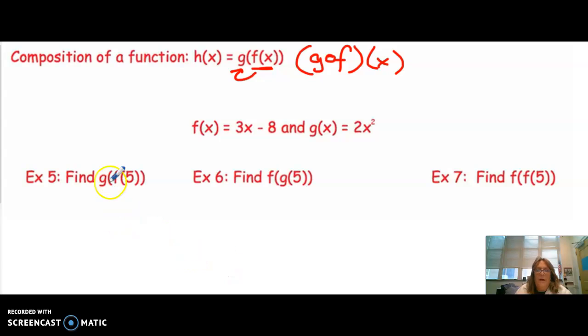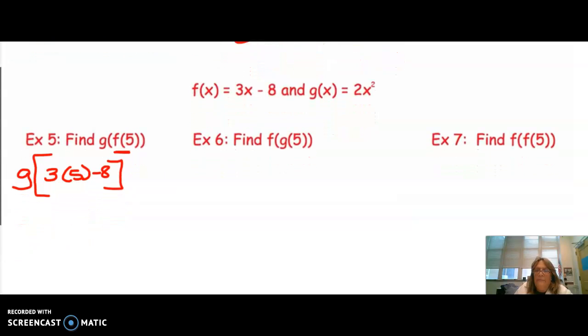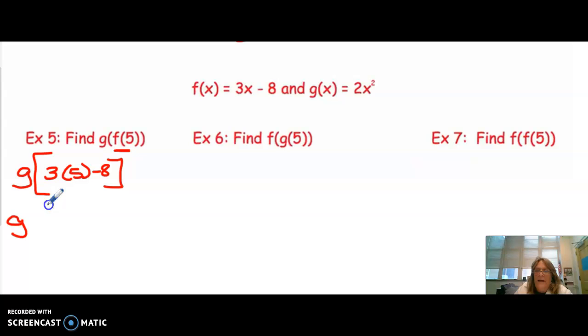All right? So if you're just given something that looks like this, then that means that we're going to have to do two steps. I'm going to leave the g sitting out here. The first thing I'm going to do is everywhere in my f equation that I have an x, I'm going to substitute in the number 5. So I'm plugging 5 into this f equation. By doing that, I still have the g hanging out here.